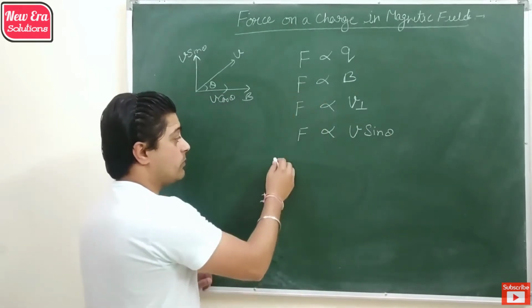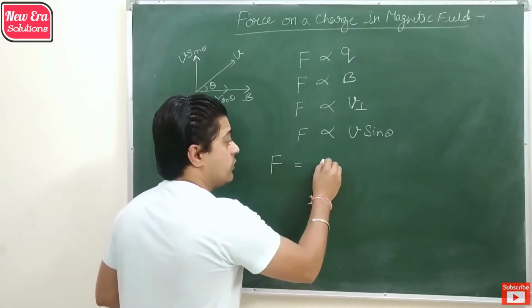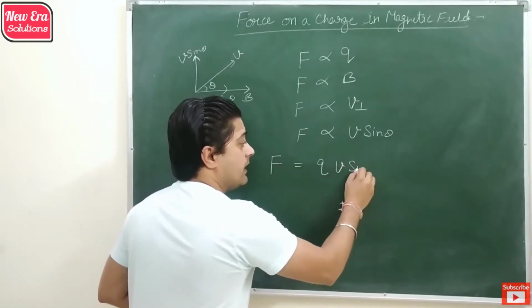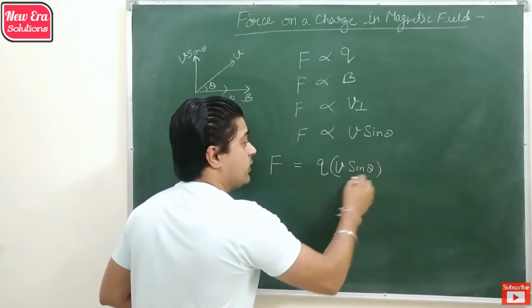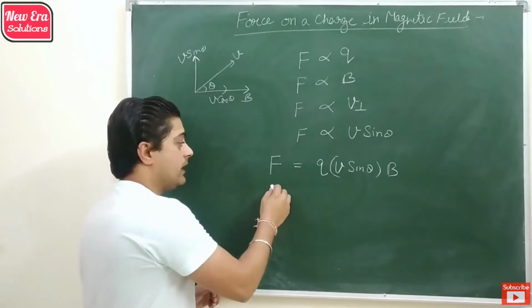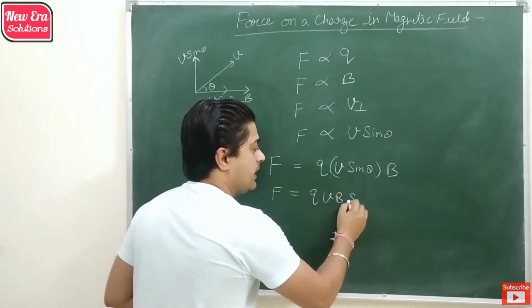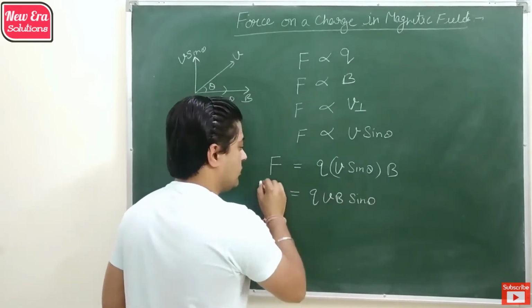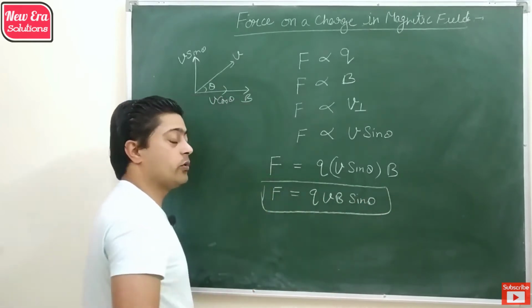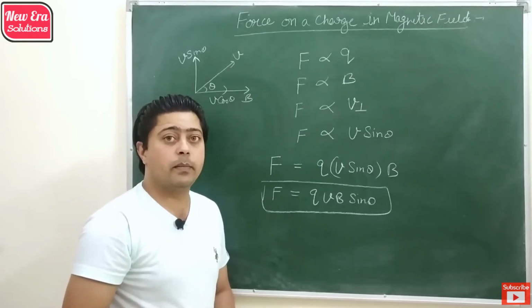From this observation we can say the force on a charge due to a magnetic field is equal to q into v sin theta into the magnetic field. We can simply write it as q v B sin theta. This is the magnitude of the force acting on a moving charge by a magnetic field.